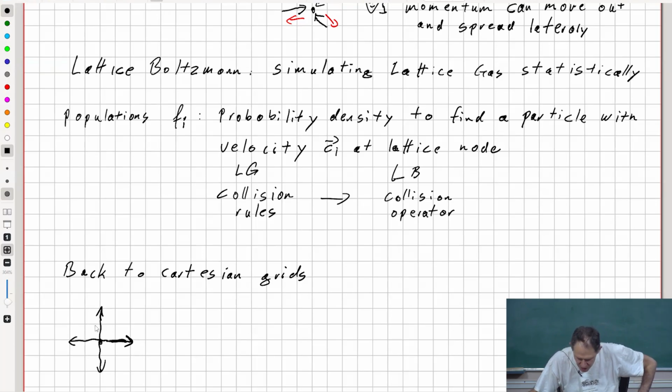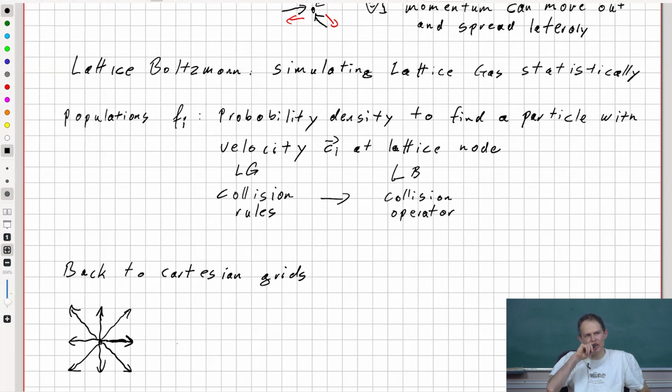When the particle is moved from here to here, it cannot carry any of its momentum in x direction, because this is orthogonal to x. So what we need is some directions that are not orthogonal to both of them. So we need the diagonal directions.